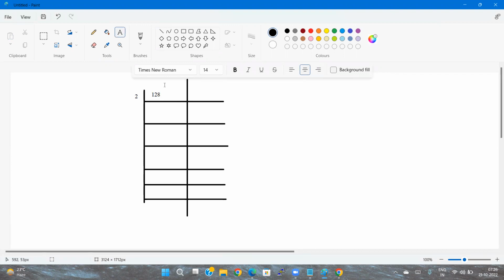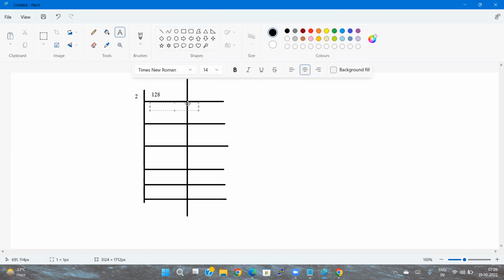Because this is a decimal number, and 2 means nothing but binary. You have only 2 numbers, so if you want to convert any decimal number to a binary number, definitely you need to divide it by 2. So when you divide 128 by 2, you are going to get 64.